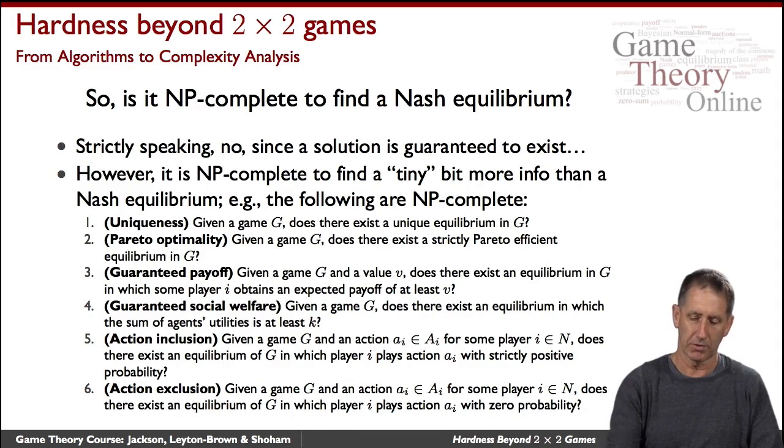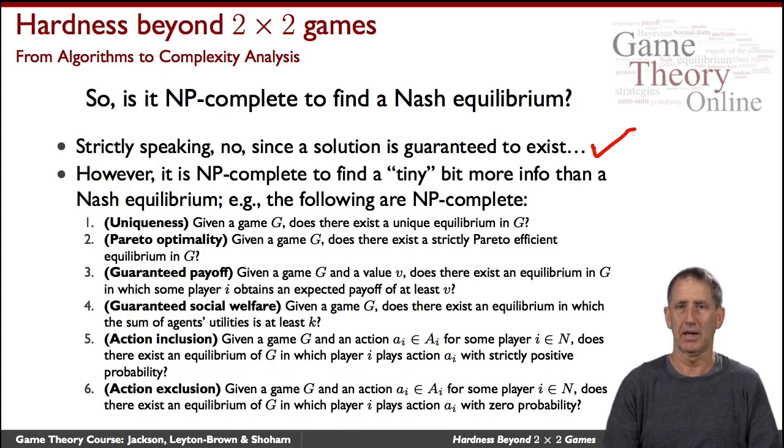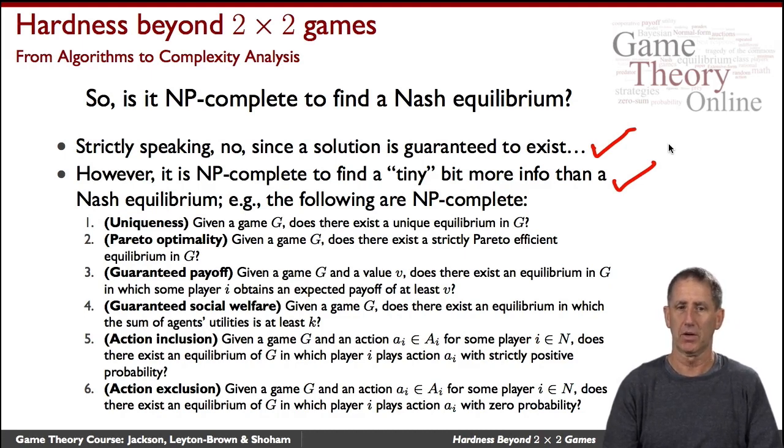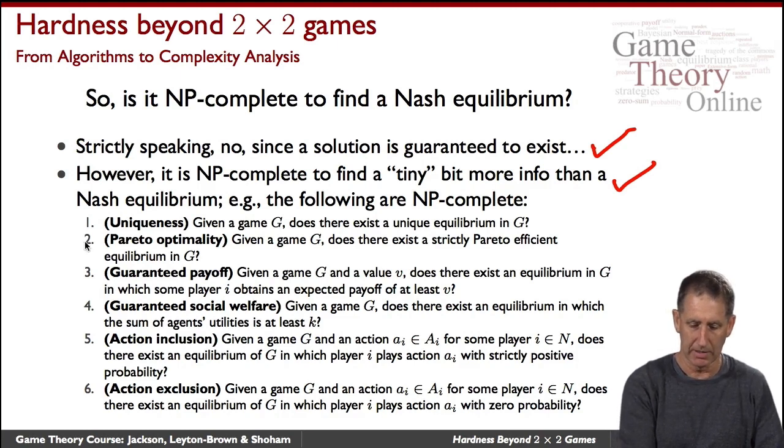Well, first of all, strictly speaking, we can't quite speak about it being in P or NP, because we know from Nash's theorem that a Nash equilibrium always exists. So the question, does a Nash equilibrium exist, is trivial. The answer is yes. So we need to look at it a little differently. One way is to ask for a Nash equilibrium with specific kinds of properties. For example, does it have a unique Nash equilibrium?